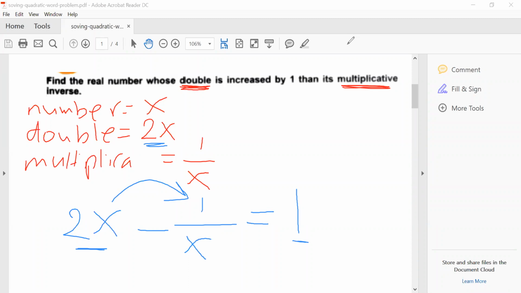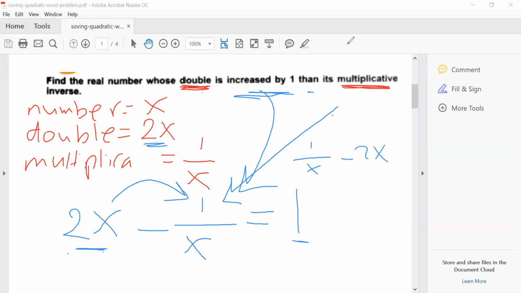So translating this, double is 2x, increased by 1, then its multiplicative inverse. If he told me that the double is more than the multiplicative inverse by 1, it will be 2x minus 1 over x.